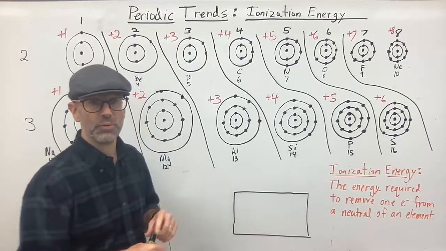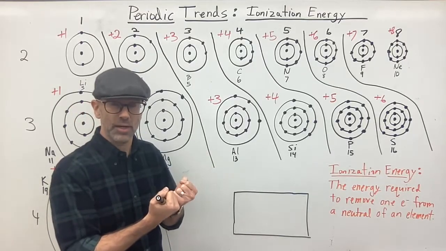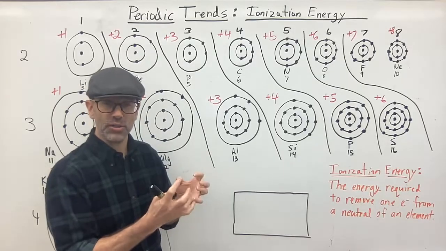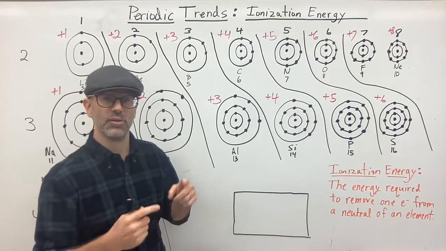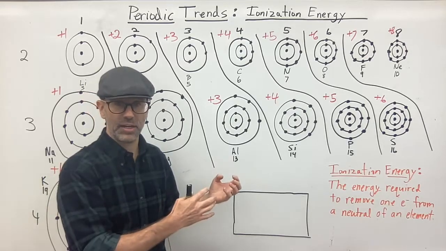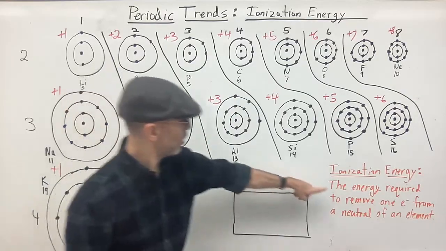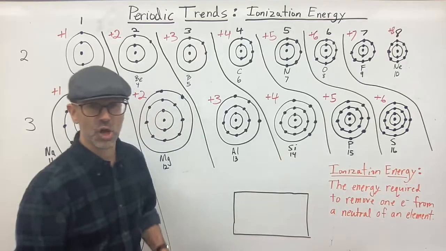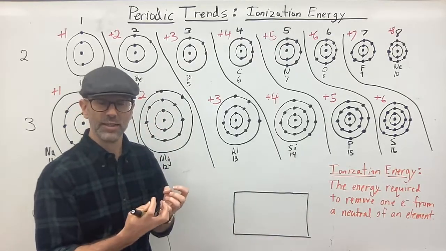So we would expect that the stronger the pull, the stronger the attractive force on the electron, the harder it is to remove that electron from the atom, and therefore we're going to need to put more energy in. So more energy required.